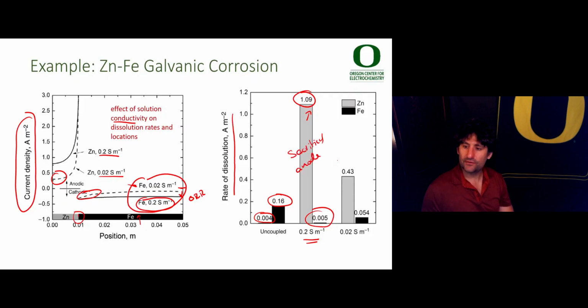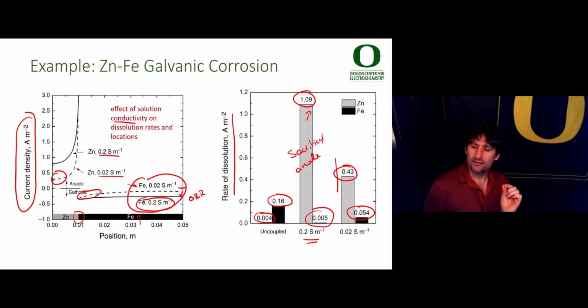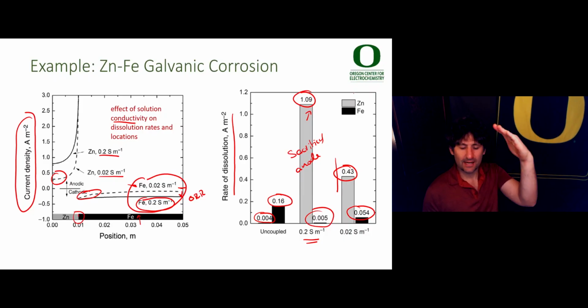What's interesting though is if you go to lower conductivity electrolytes, what you find is that the zinc dissolves slower and the iron dissolves faster. And the reason is because now we're spending more free energy pushing current through the electrolyte. The corrosion potential is less negative. So the zinc is not able to keep the corrosion potential as negative.